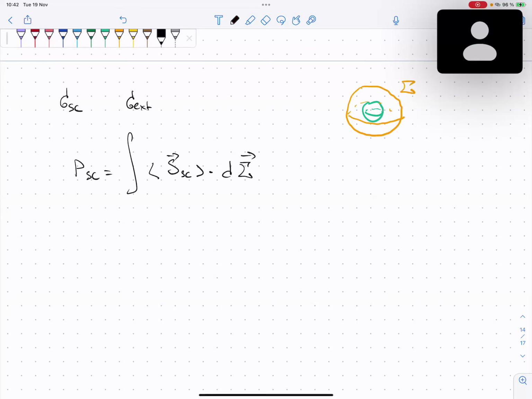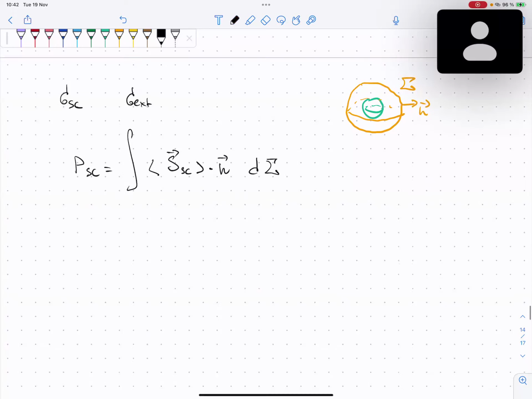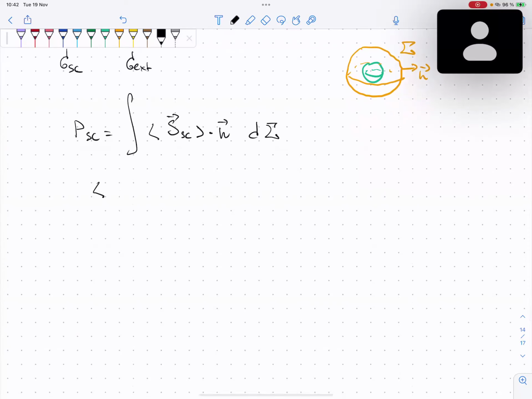And here, let me write it like this. Here is a normal vector, the vector normal to the surface. We can calculate the scattered power like this. The scattered power is c over 8 pi, the real part of the scattered electric field times the scattered magnetic field conjugated.